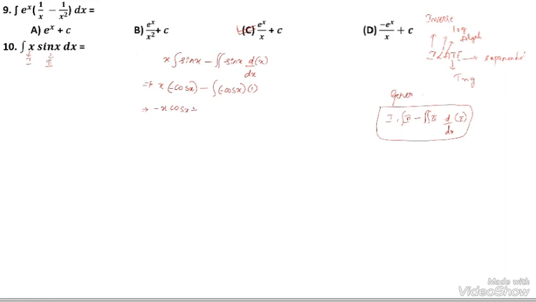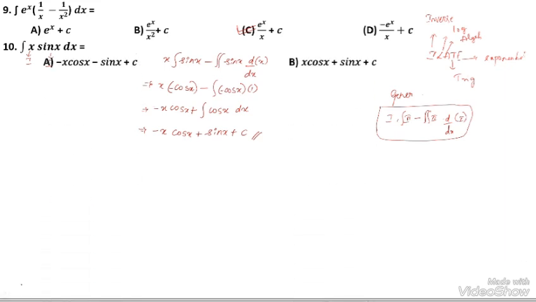Minus into minus will be plus integration of cos x into dx. Here, minus x cos x plus integration of cos x will be sin x plus c. This is the result of the given problem.